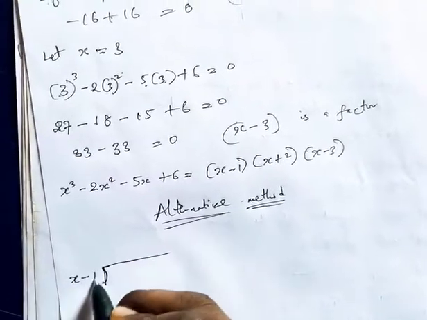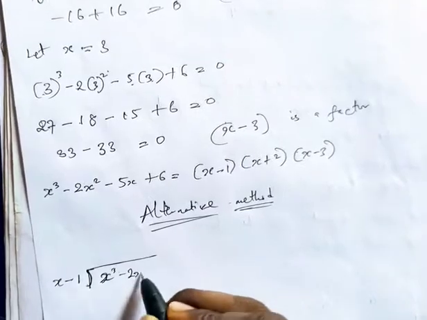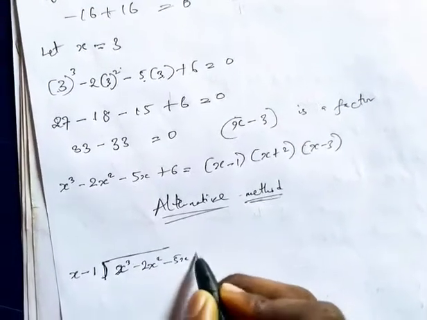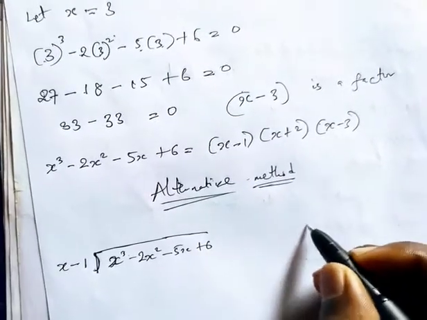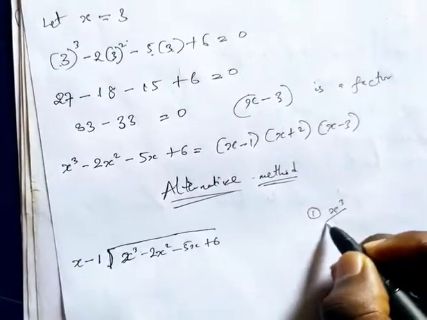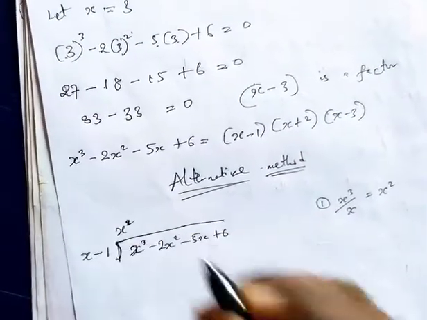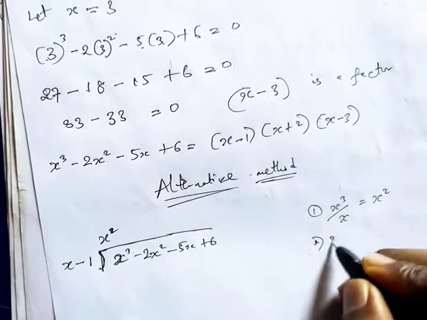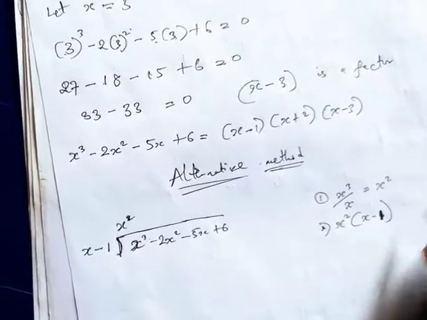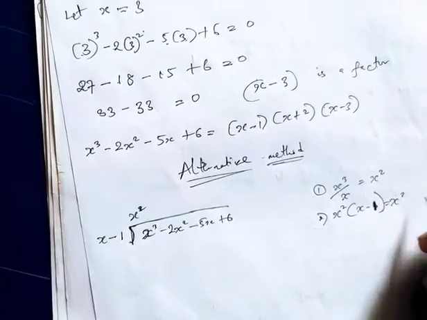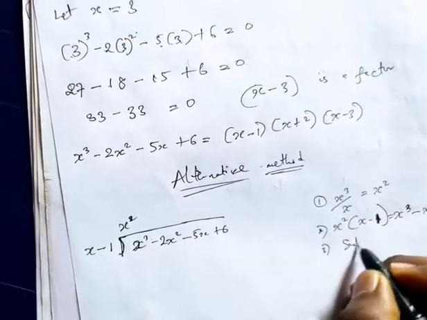Then I'll have x minus 1 here and x cubed minus 2x squared minus 5x plus 6. So first step, x cubed divided by x gives me x squared. I have my x squared here. Then multiply my x squared by this. I have x cubed minus x squared. Then the third step is to subtract.